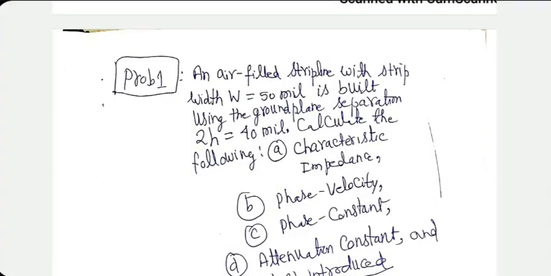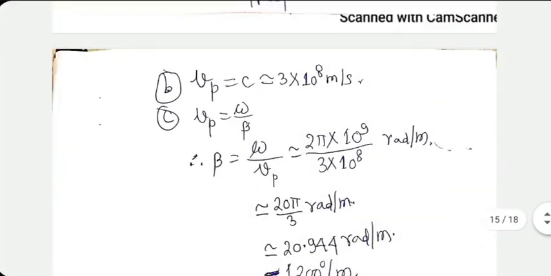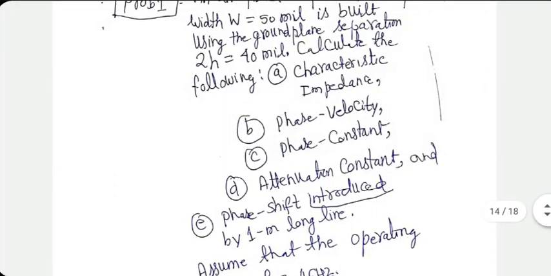Phase velocity, the formula is simple enough. C divided by square root of epsilon R, and epsilon R happens to be 1 for the air-filled case. So phase velocity in this case will be the same as the speed of light in air. Simple calculations, just that you need to be able to do them comfortably.